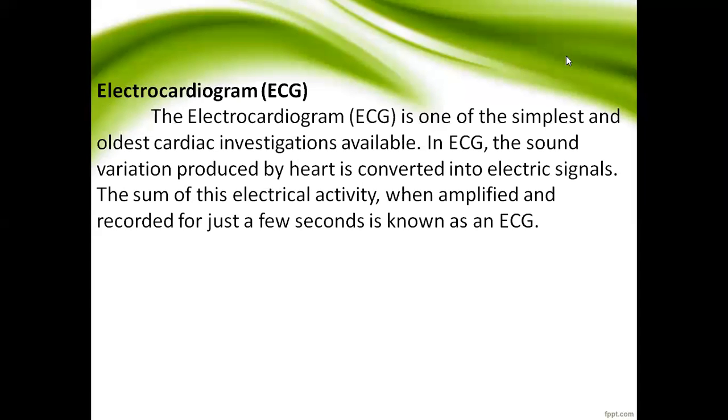So in the ECG, the signals are produced by the heart. This is converted into electric signals, which we see as lines and curves.